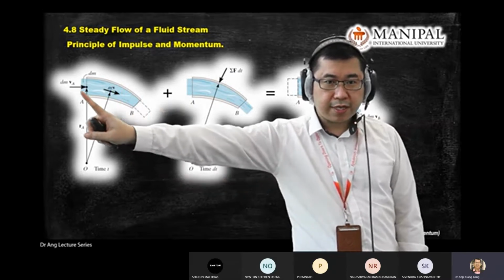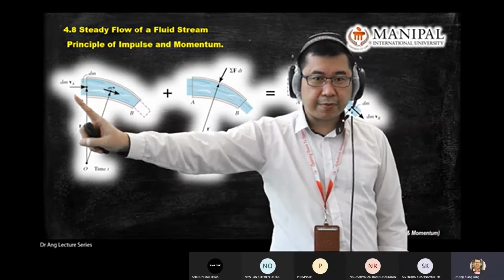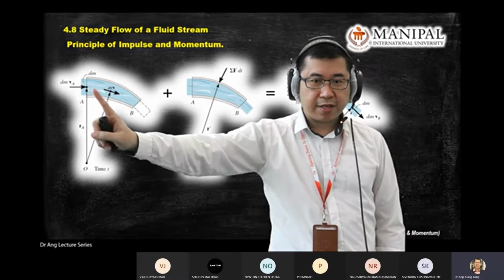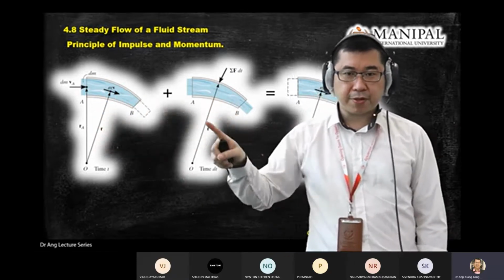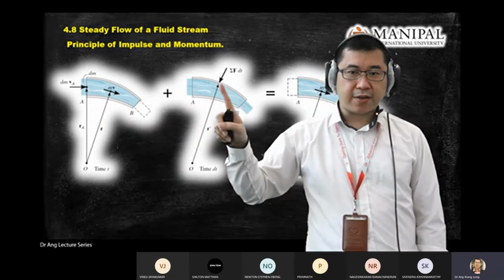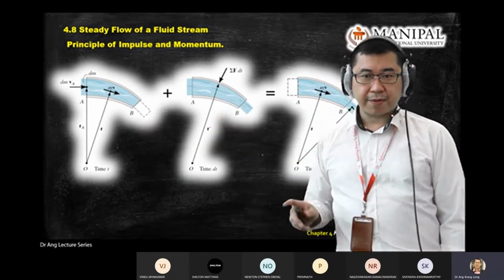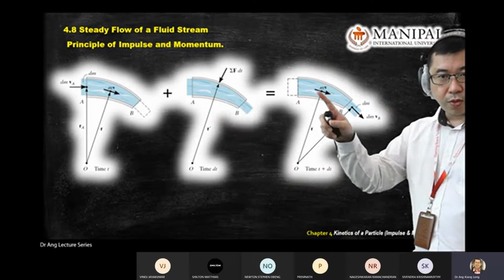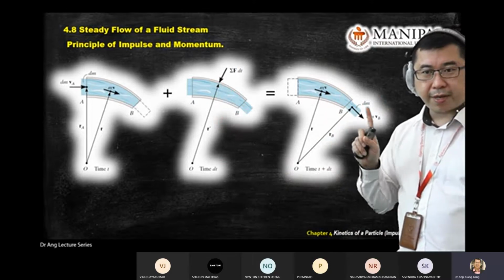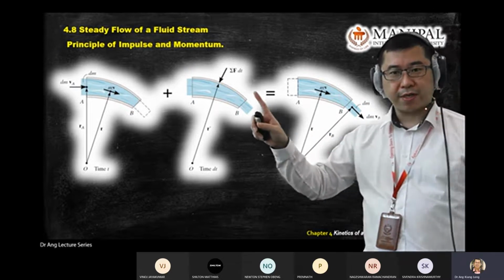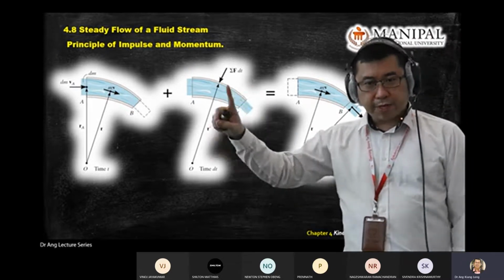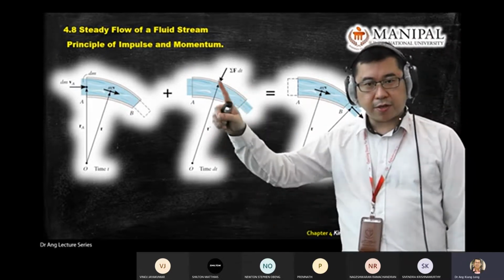You see the momentum going inside here, plus the change of impulse, the force acting on the surface inside, equal to the total momentum and impulse, like what you learned here. But this one is focused on the force acting on the vessel or on the wall.